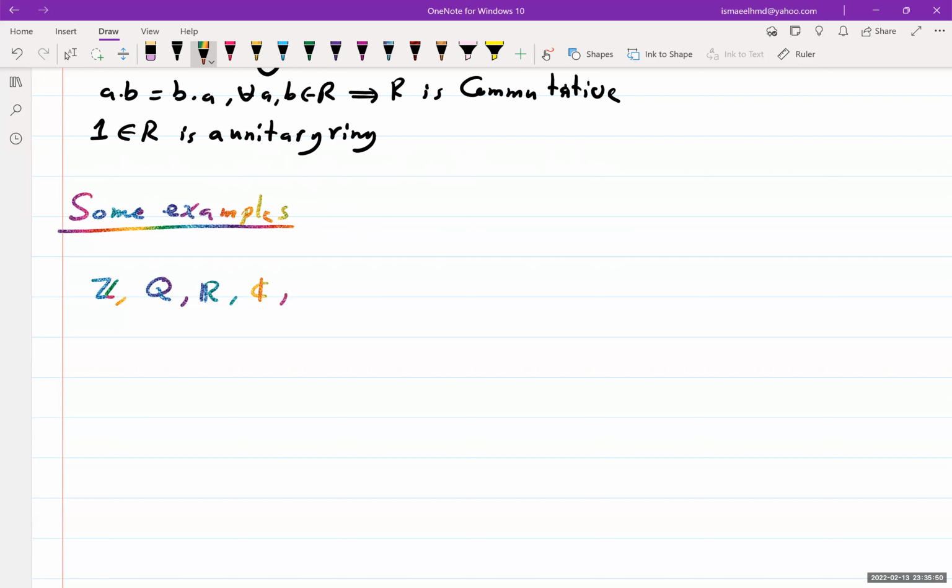Also, we have the integers modulo n, Zn, with plus n and dot n, is a ring also.